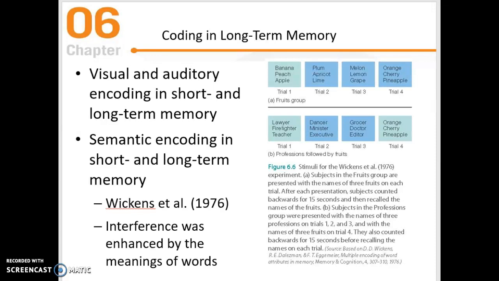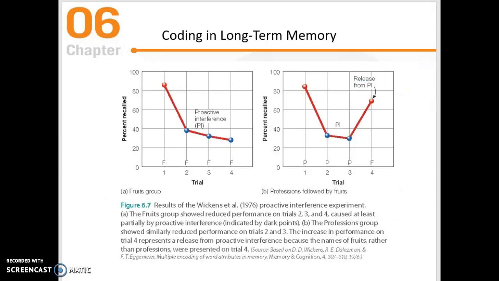As they got to the later trials, they had a lot of fruits in their mind, so they were not able to remember as many. I'm going to show you the next slide so you can see that particular graph on the left. You can see that there was interference that occurred because of the fruit names being presented.